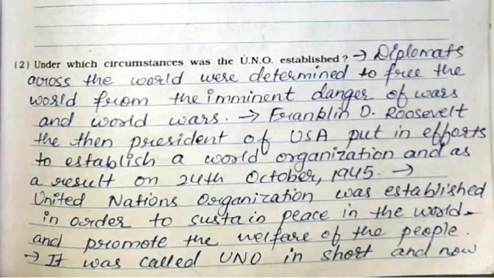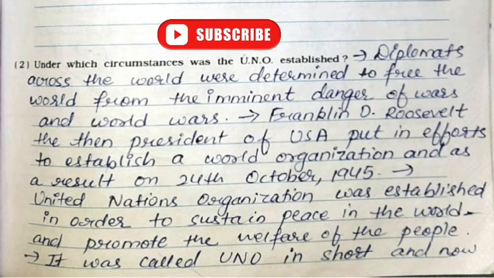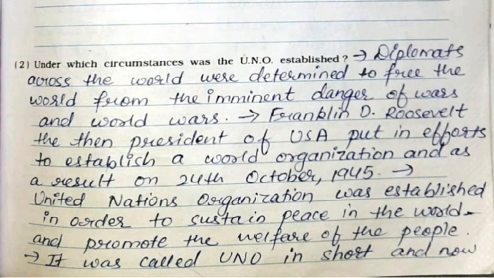Second one, under which circumstances was the UNO established? Diplomats across the world were determined to free the world from the imminent danger of wars and world wars. Franklin D. Roosevelt, the then president of USA, put in efforts to establish a world organization, and as a result, on 24th October 1945, United Nations Organization was established in order to sustain peace in the world and promote the welfare of the people.